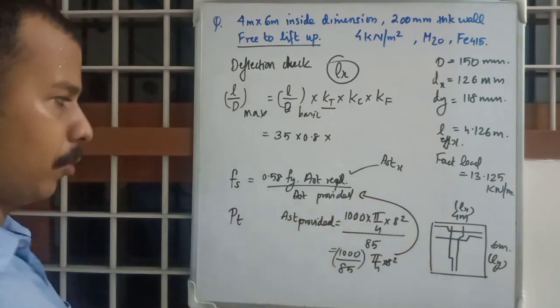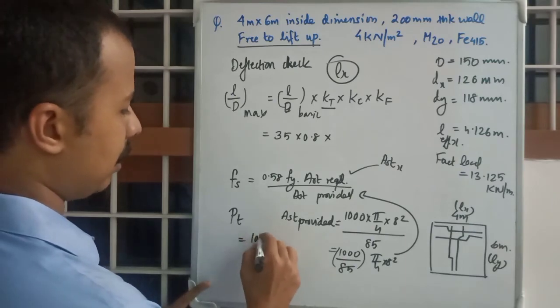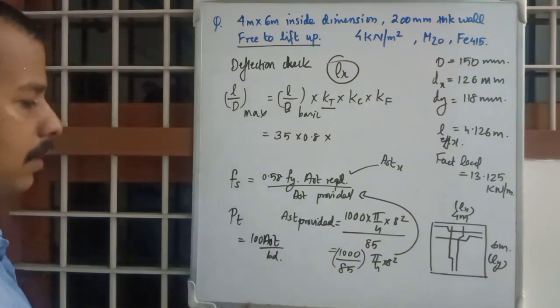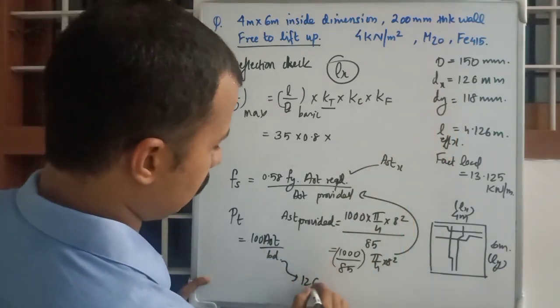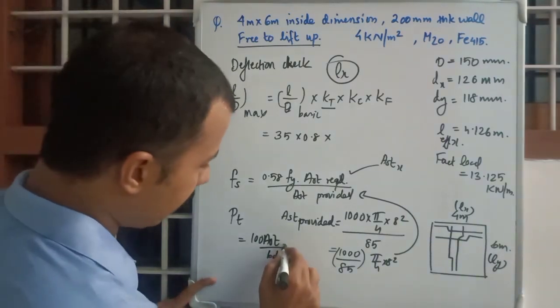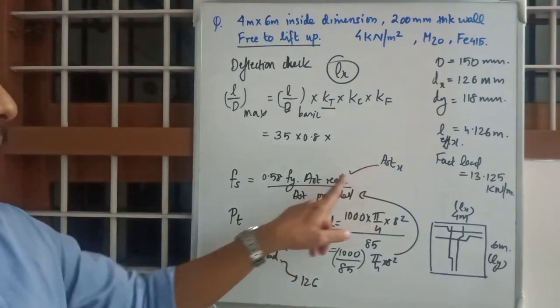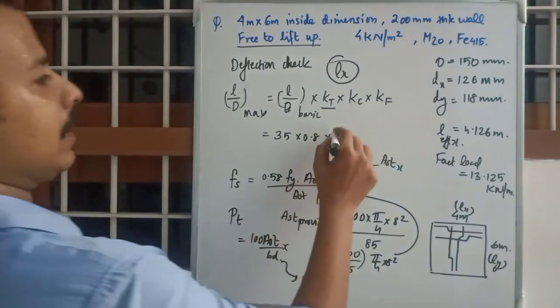We have Ast required, and Pt we have it as 100 Ast by bd, where d will be 126, b will be 1000, Ast will be Ast x, the value we have calculated and substituted as Ast required. So likewise we will calculate KT.